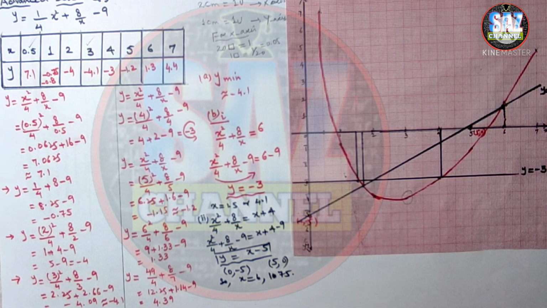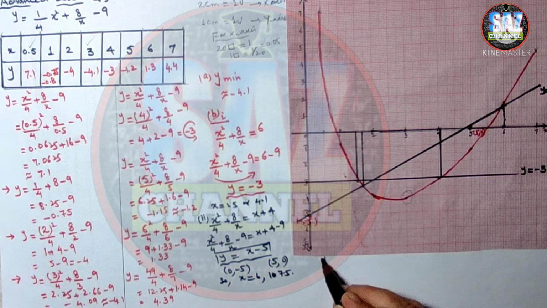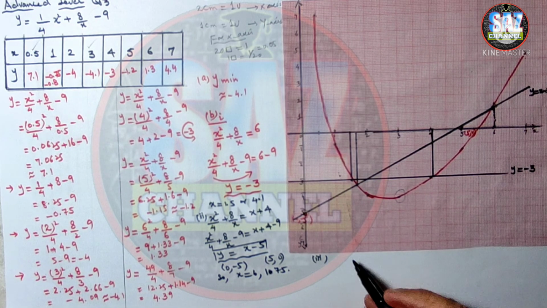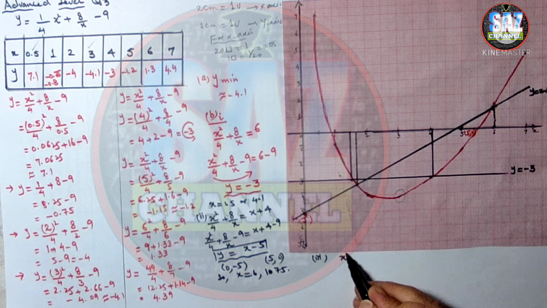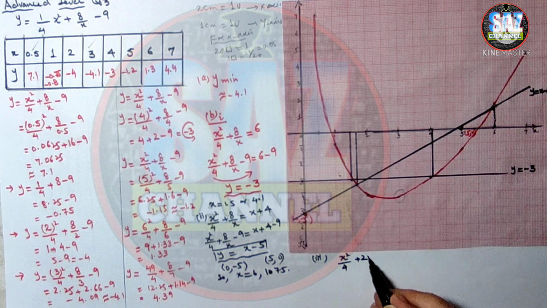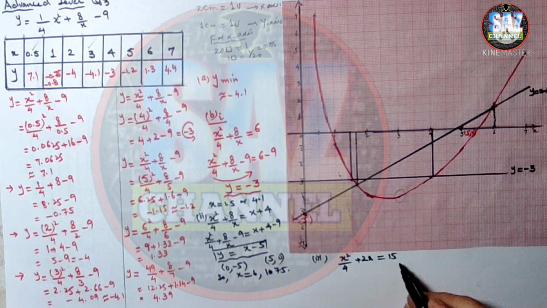And the last part says that we have to draw first the line, that is x squared by 4 plus 2x equals 15 minus 8 over x.